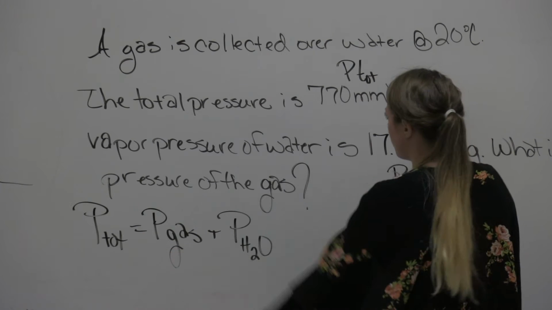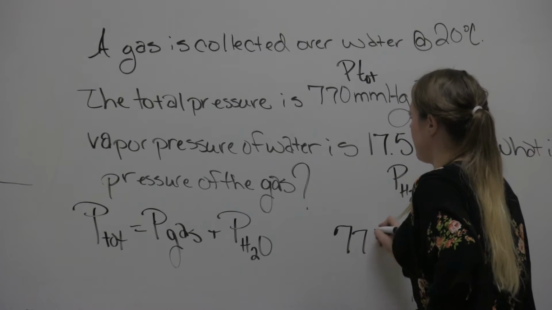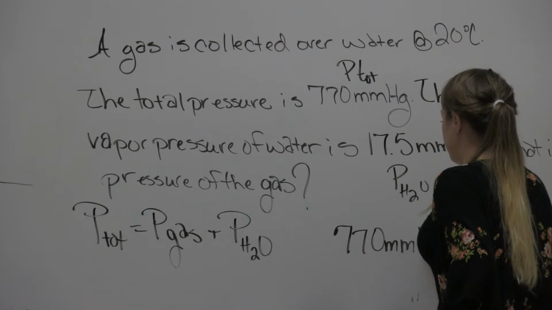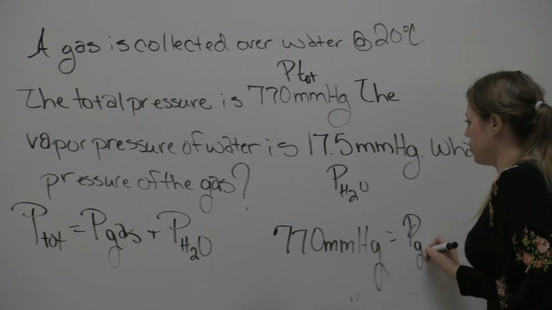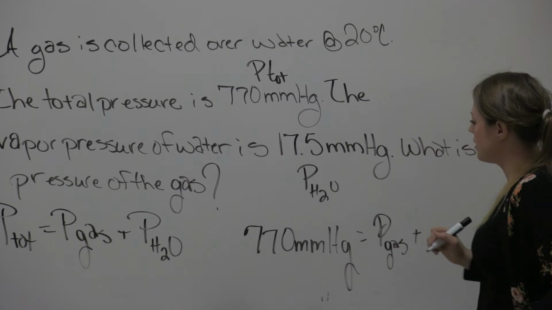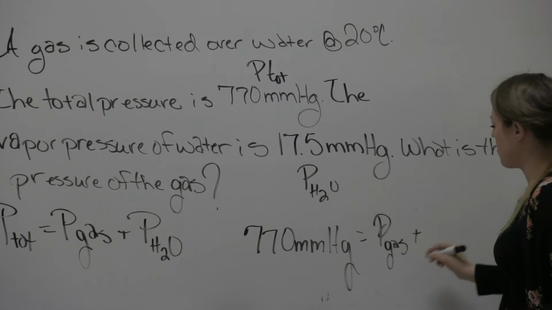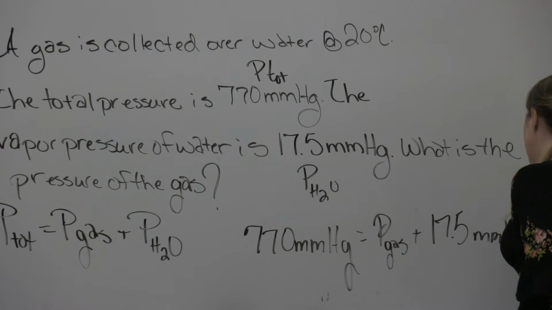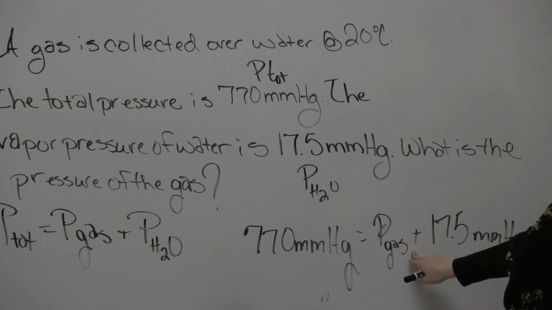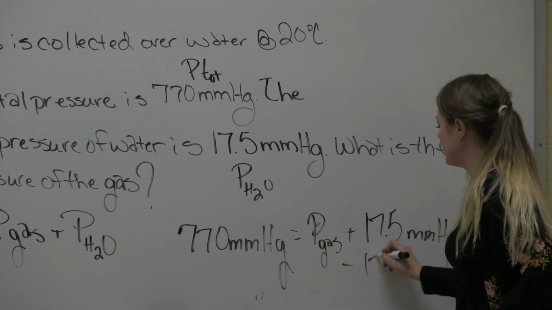So if we plug these into our equation, we have 770 millimeters of mercury equals the pressure of our gas, which is our unknown, plus the vapor pressure of water, which is 17.5 millimeters of mercury. To solve for the pressure of the gas, we subtract the two.